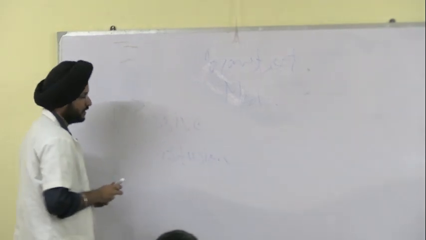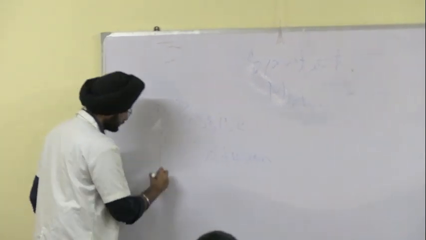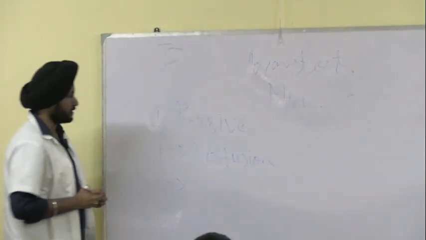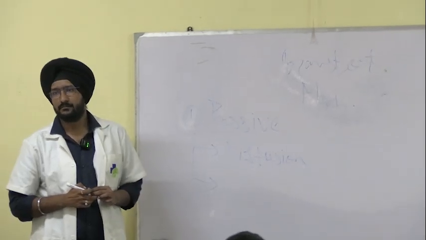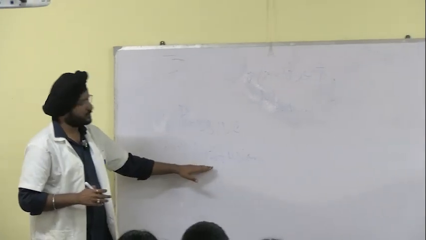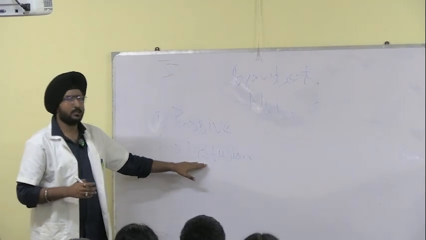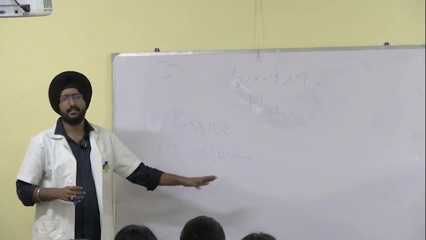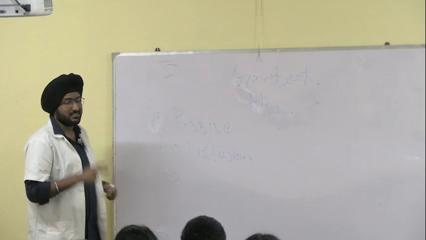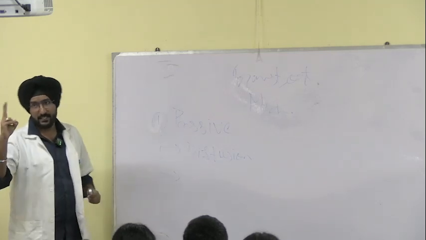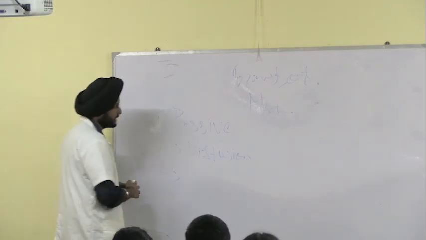The second one would be facilitated transport. You can include osmosis in this only, or if you want to maintain a separate category, it's your choice. Both are correct. Now this is very important.